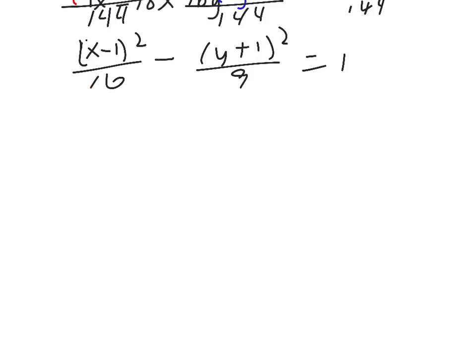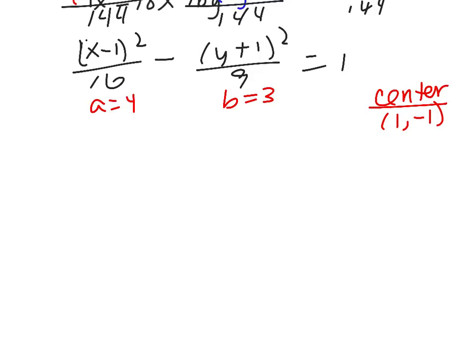So then I know my a is equal to 4, and my b is equal to 3. Now remember, what b gives me is it helps me draw my box. All right, so my center is 1, negative 1.